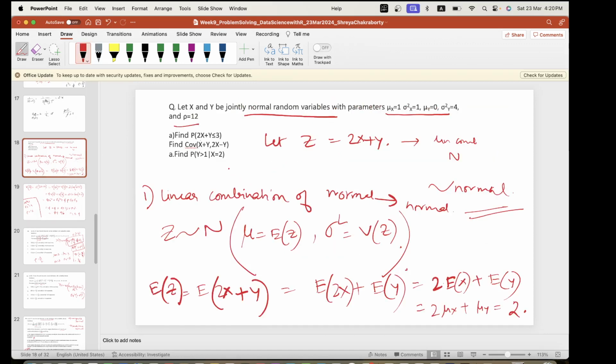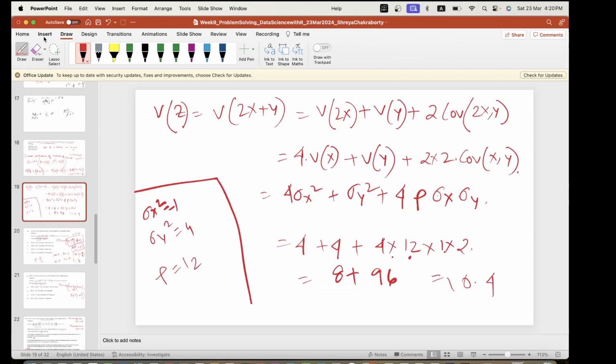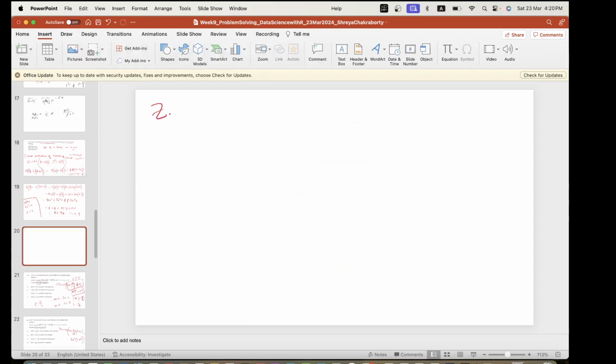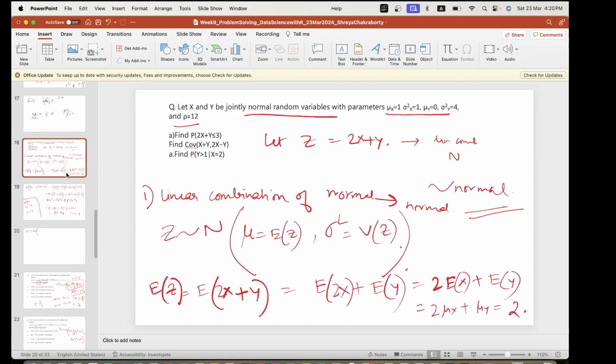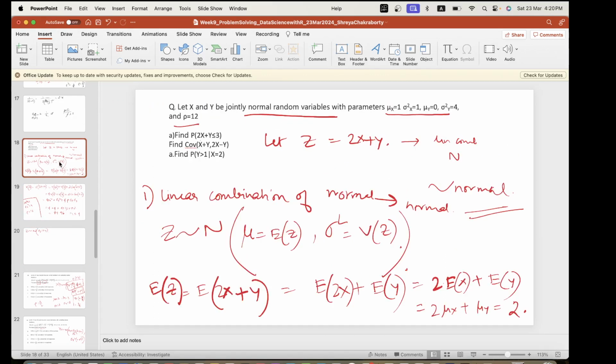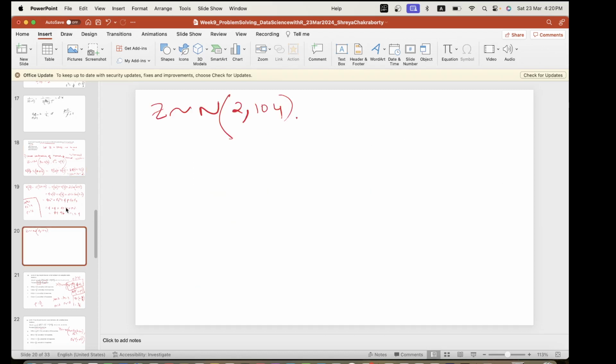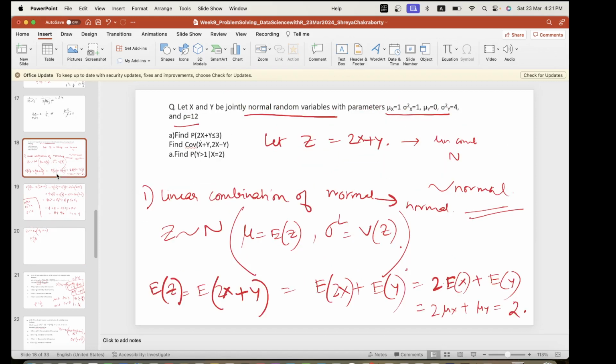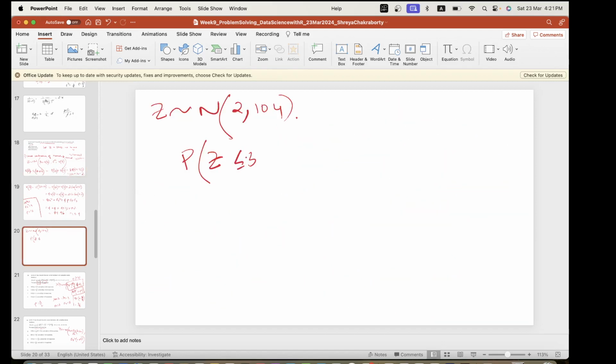Then z follows a normal. Mu was 2 and sigma square was 104. Then probability z less than or equal to 3, this is how we'll calculate.